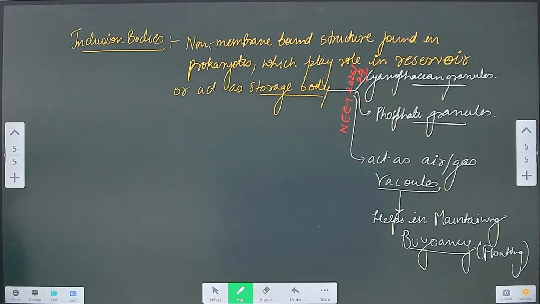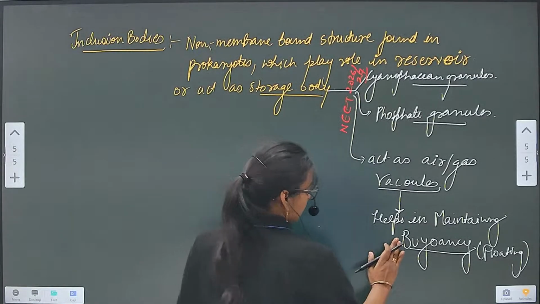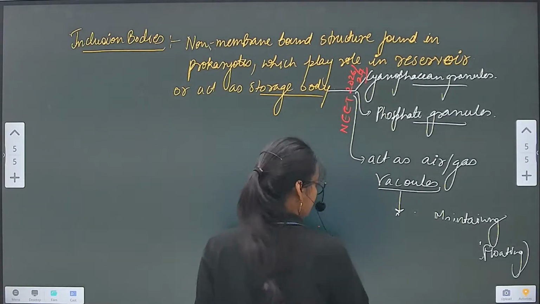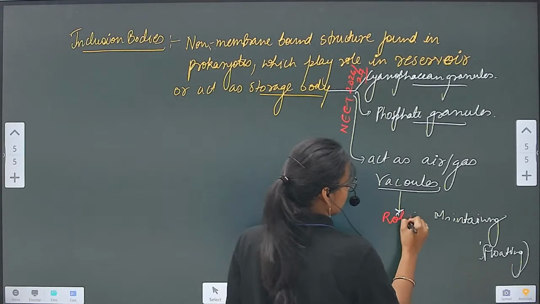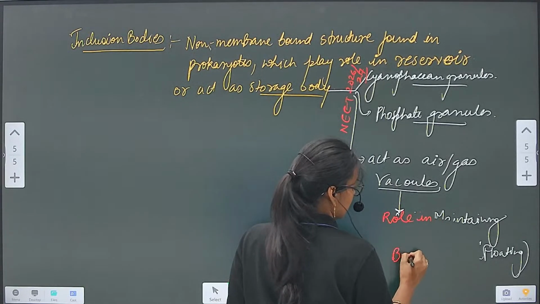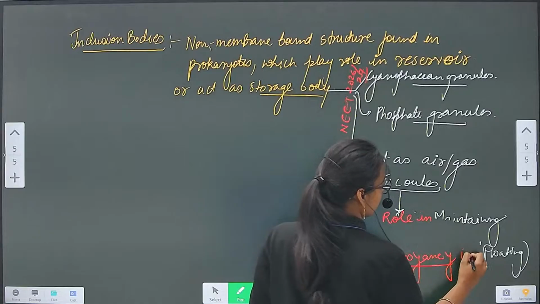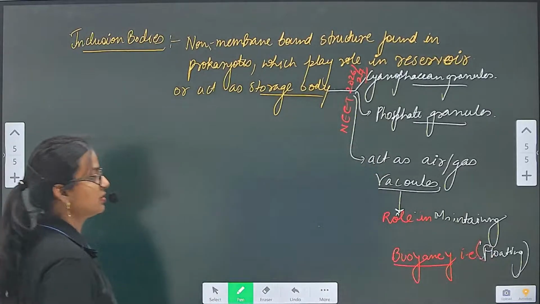So that is all about your prokaryotic cell system. That is role in floating. Okay, so that's all about the prokaryotic system.